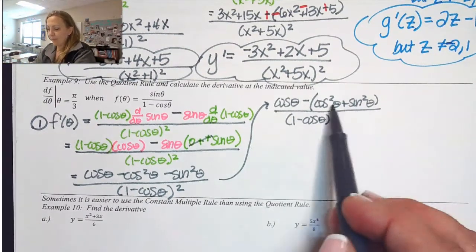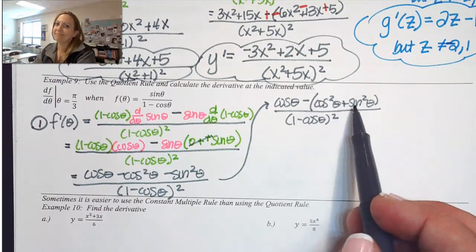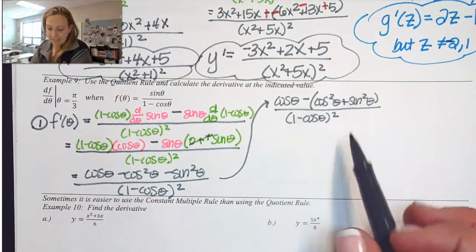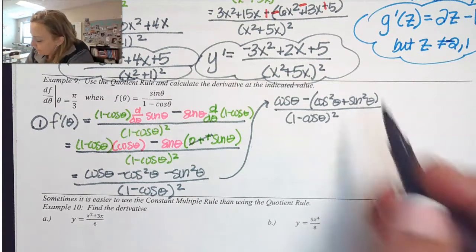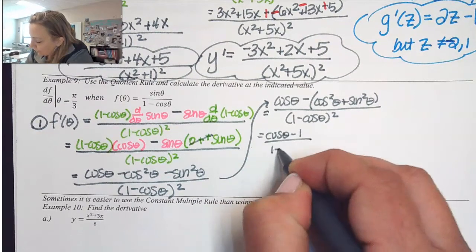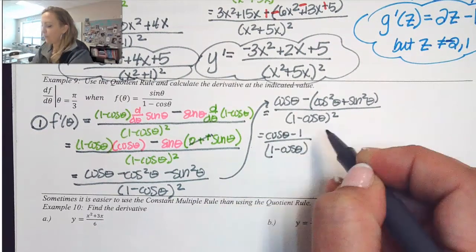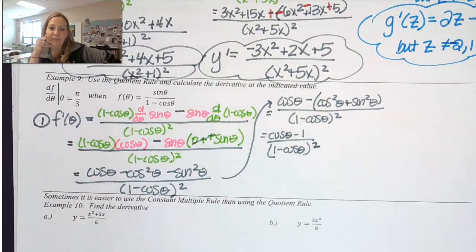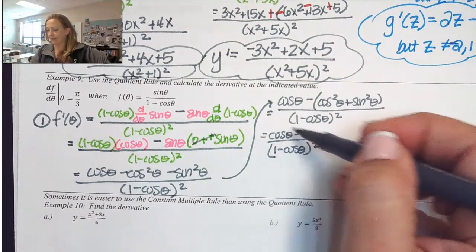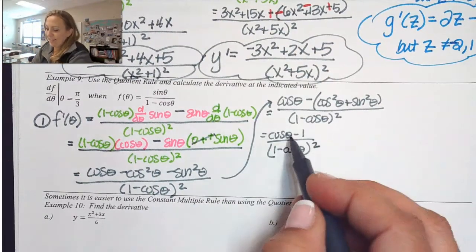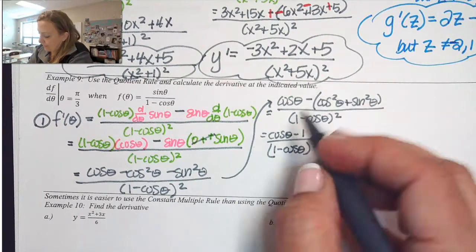And this isn't the double angle formula, but what is this? That's right, it's our friend the Pythagorean identity. We know that cosine square theta plus sine square theta is just 1. So this is just cosine theta minus 1 over 1 minus cosine theta, that quantity squared. Now those are very similar, right? The opposite terms are opposite. So we'll be able to cancel if we can factor something out of that.